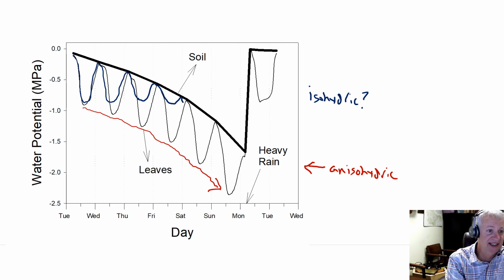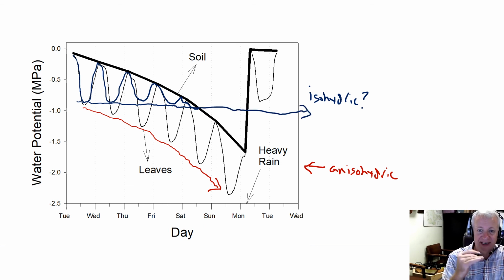Eventually, the isohydric plant will just not open its stomata, because this is the negative water potential at which that isohydric plant is regulating its stomata. So that's an example of how anisohydric and isohydric plants might differ with respect to their patterns of water potential as soil water potential declines.